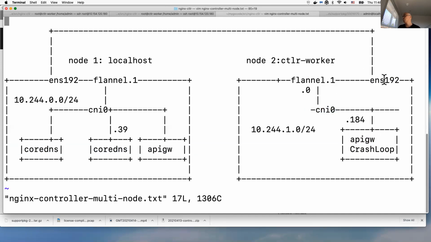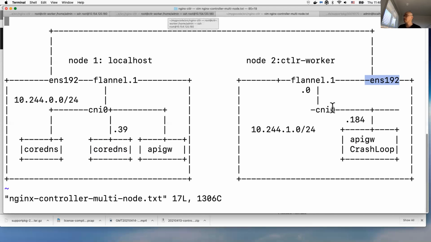But if we run tcpdump here on the physical interface, the packet will be encapsulated in VXLAN tunnel, so we can check if there's a network issue here, or if there's a network issue here, and we will see why the DNS resolution failed, right? So okay, let's do that.